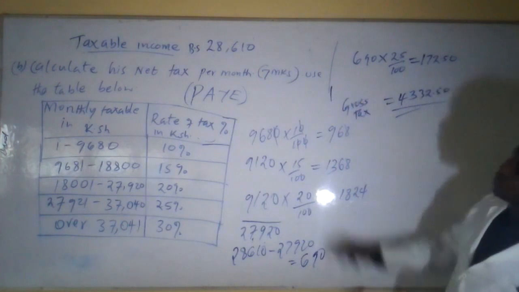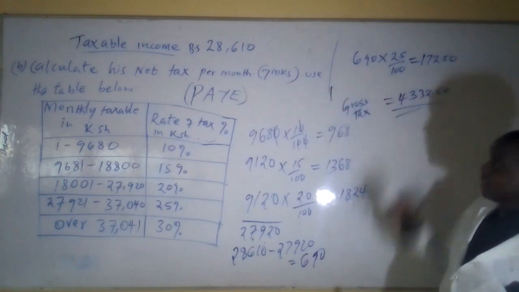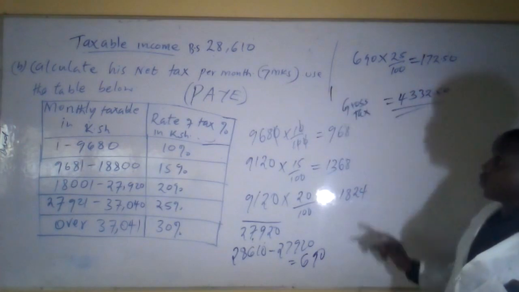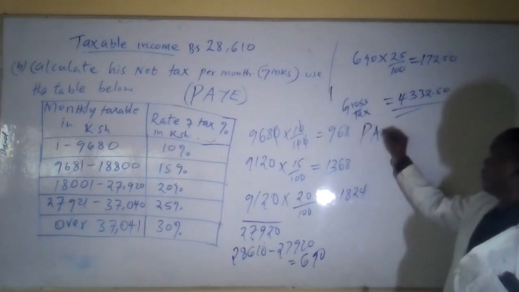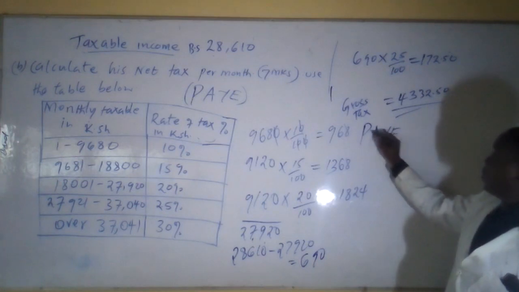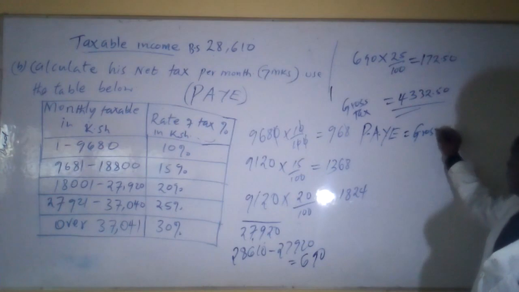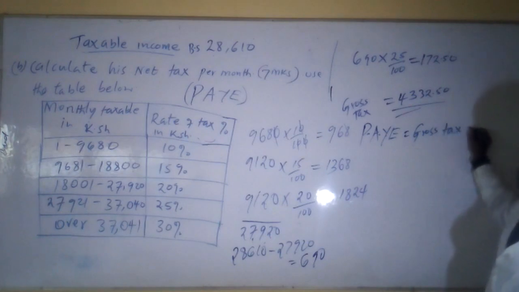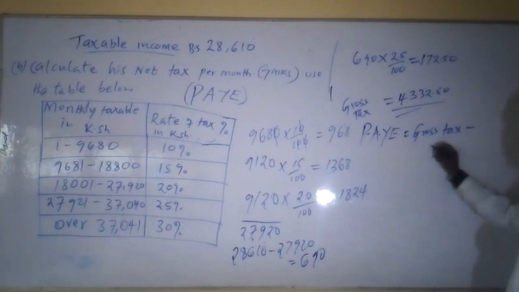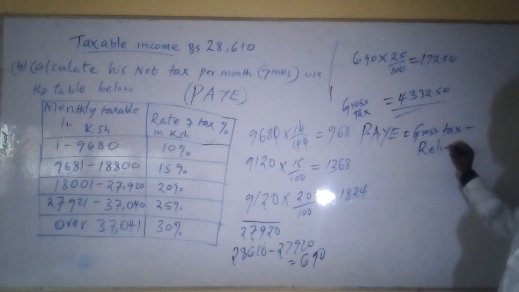But we were asked to calculate the net tax, and I told you that net tax is also called PAYE. So whenever you are asked to calculate PAYE, you should have gross tax, subtract relief.